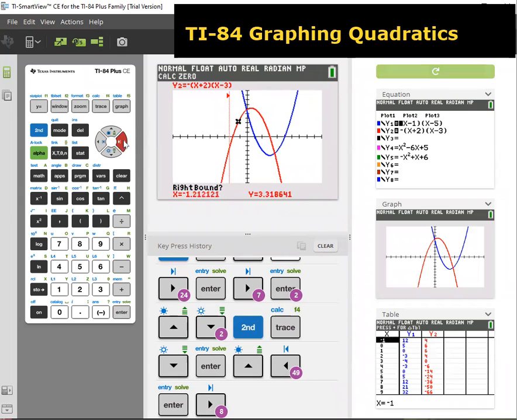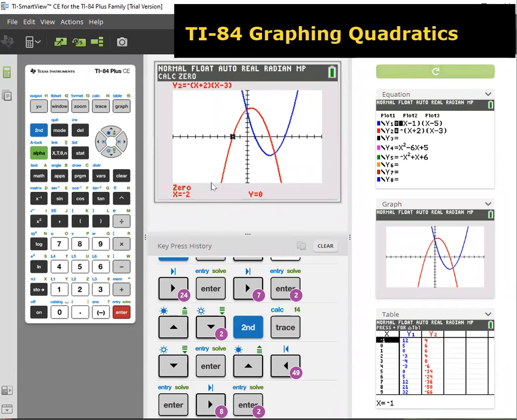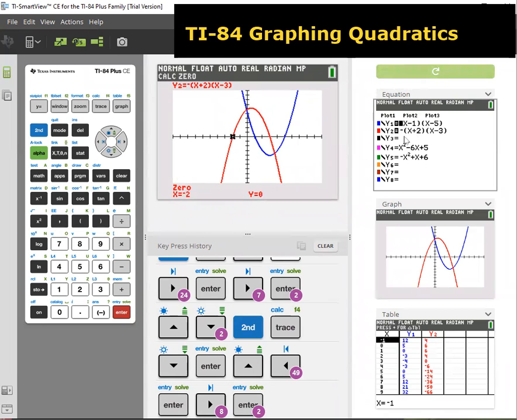Then make sure I'm in quadrant 2 because it's going from negative to positive in y value. Hit enter again, and it says that the 0 on the red graph is at -2, which was the first factor. So that is how you find the 0 values using your graphing calculator when graphing quadratics.